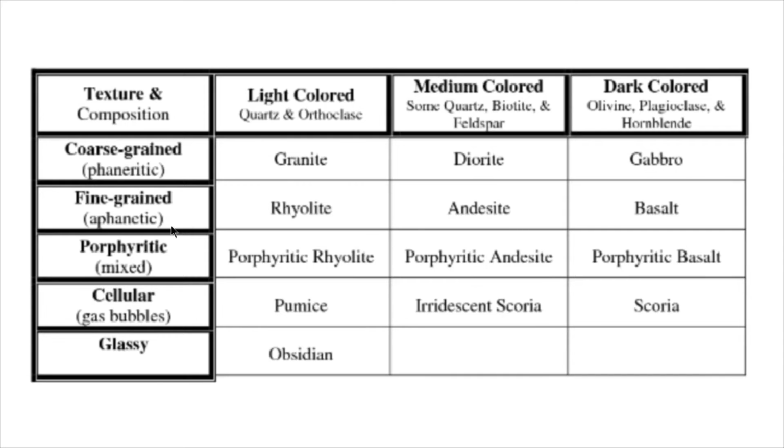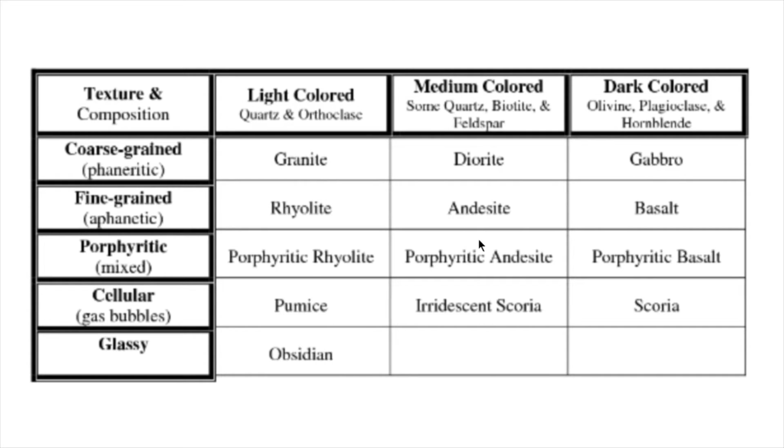And if we take a look at some specialty or unique ones, we have cellular ones, which we will be dealing with as pumice. Scoria, we're just going to be using the term pumice, because most of the time it is felsic in nature, and obsidian. And I'll talk about that again in a little bit.